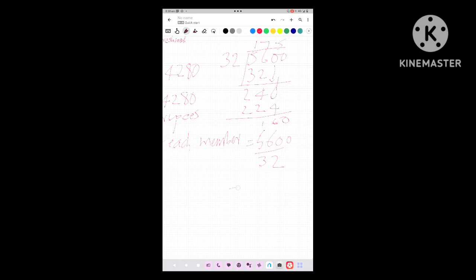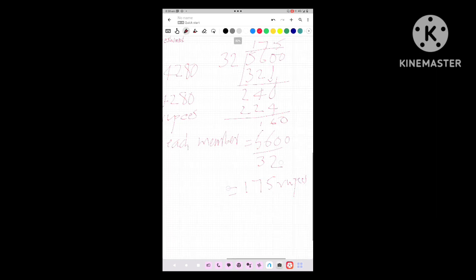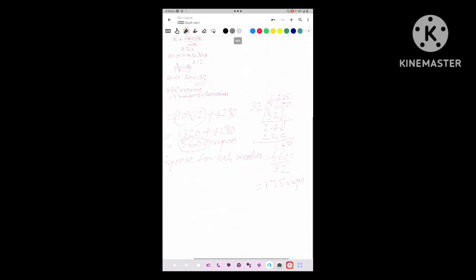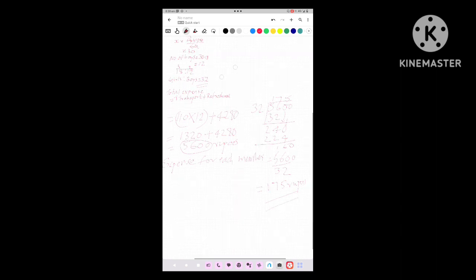So what's the answer? 175 rupees. That's the charge for each member. The charge is 175 rupees.